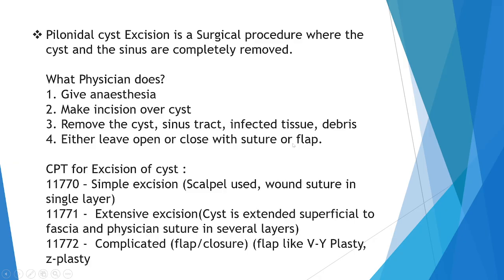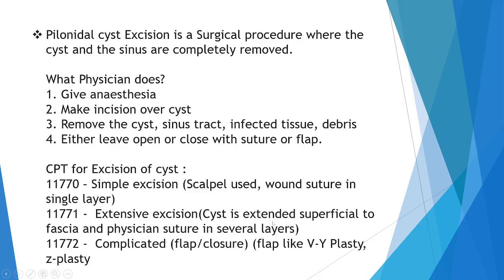So there are three CPT codes for the excision of the cyst. 11770 is simple excision, where the wound is sutured in a single layer, or we can say there is no packing. No packing means the wound will be left open without closing, without bandaging. Second, 11771, is an extensive excision, where the cyst extends superficial to fascia and the physician sutures in more than one layer of closure.